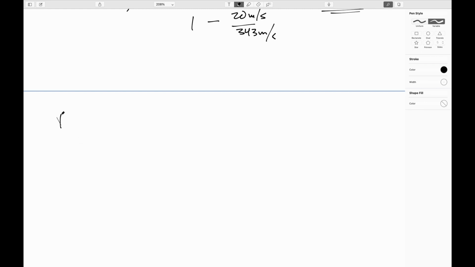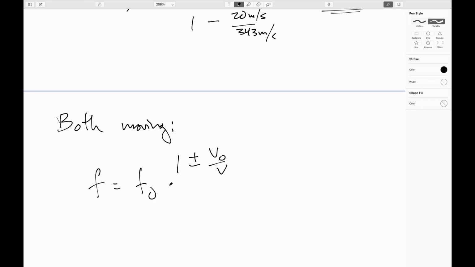So if both are moving, the net result is that you combine the relationships. So you'll get that the frequency is the frequency at the source times 1 plus or minus V observer over V, divided by 1 minus or plus V source over V.